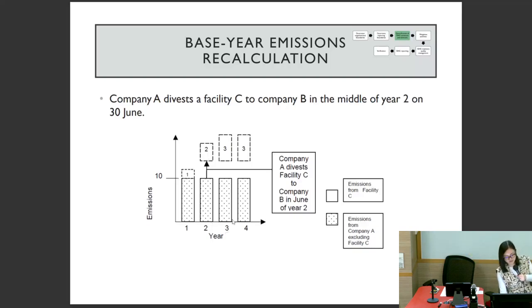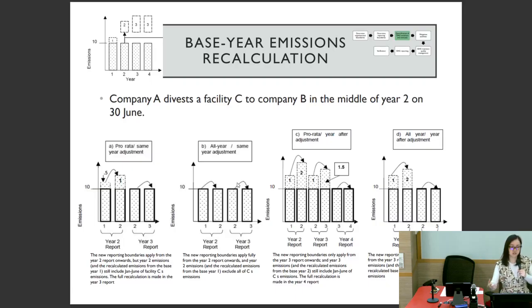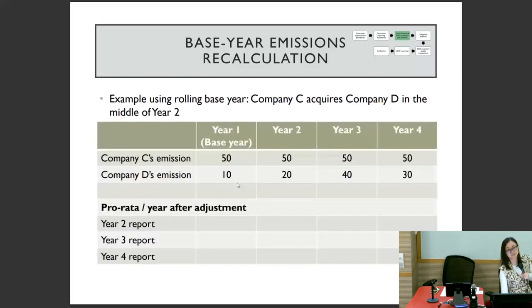Then in year 3 and year 4 it does not belong to this company anymore. So how to readjust the base year? You may also use the fixed base year, pro rata, all year, or rolling base year. So these are some examples. Maybe we just study the acquisition first.